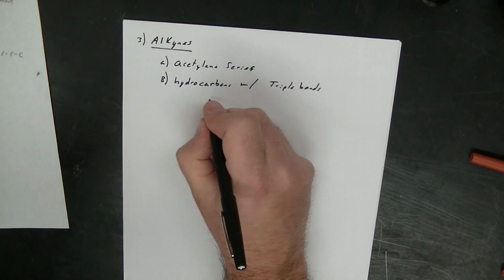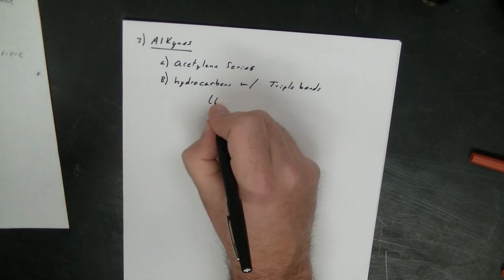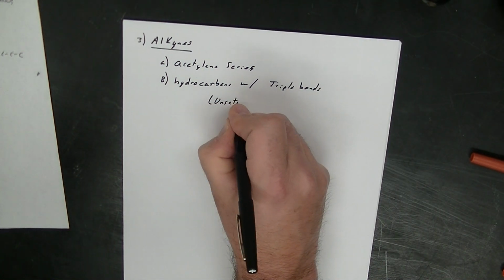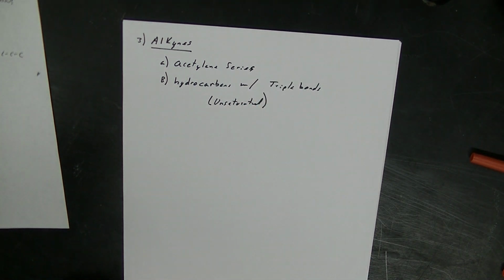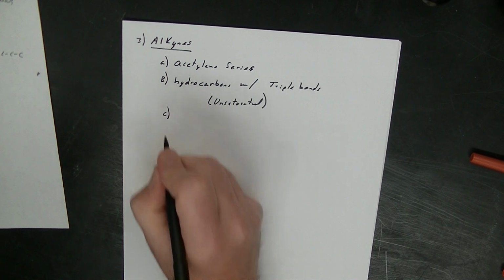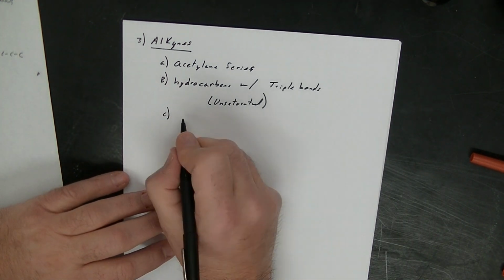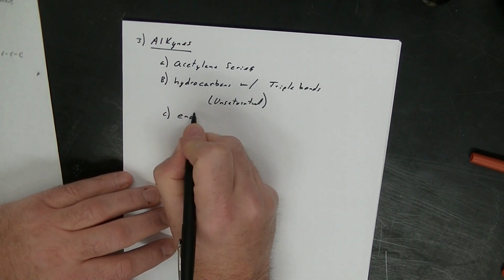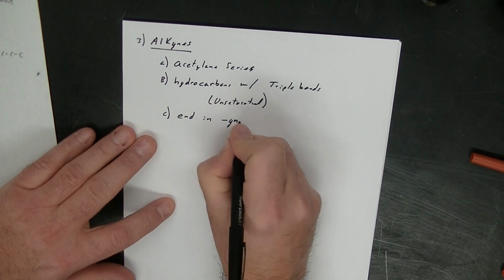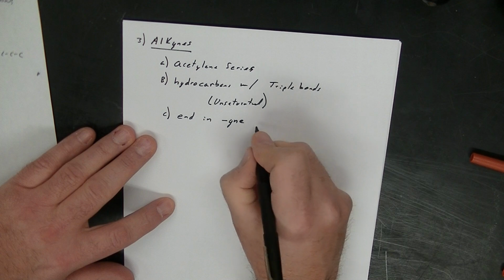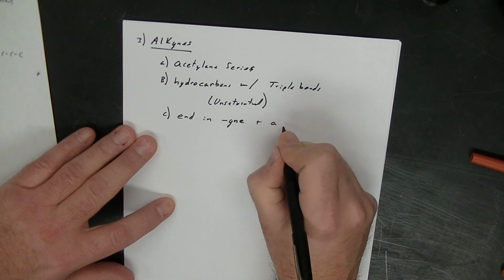Again, these are unsaturated. They end in -yne and a number for the triple bond.